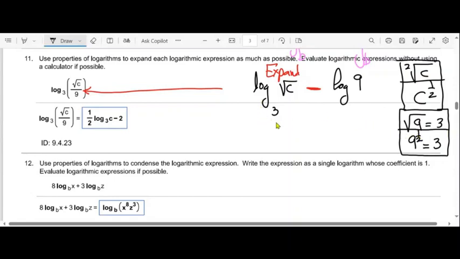Three. Good. So it's the same thing, right? So this one is going to be C to the power of what? Half. Now this half, where should I move the half? To the other side. Very good.